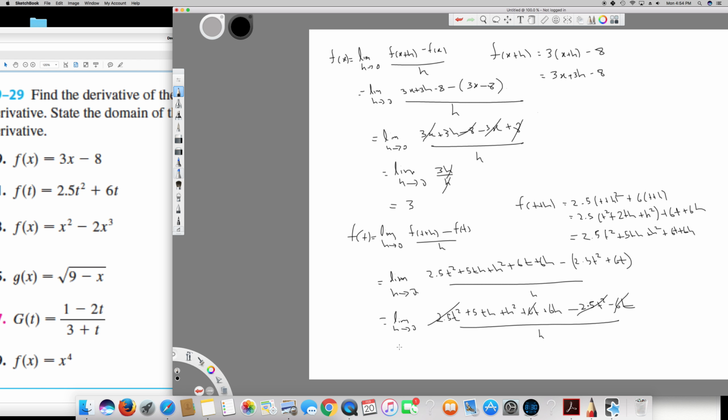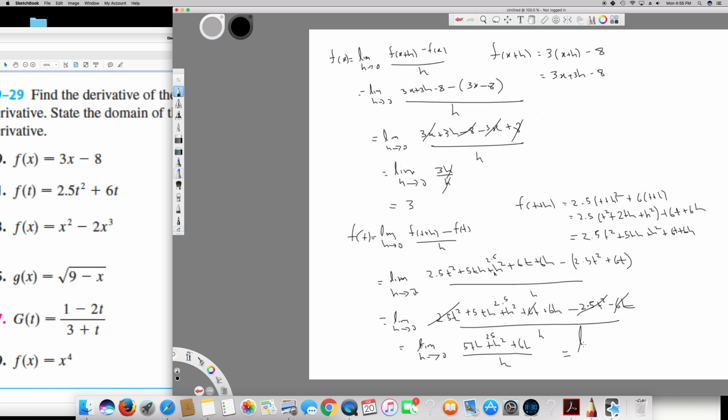The thing we have left is the limit as h approaches 0 of 5th plus 2.5h squared plus 6h, over h. Wait a minute, this is 2.5h squared because it's multiplied by 2.5, right?